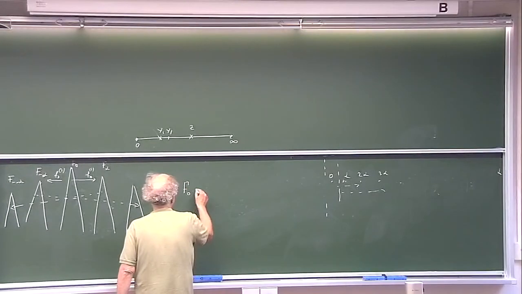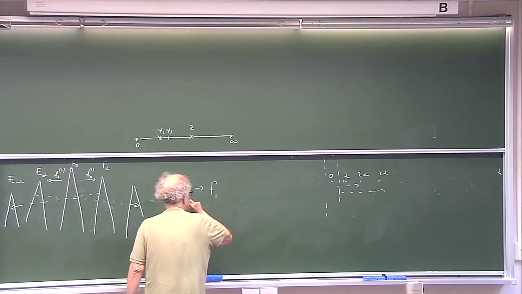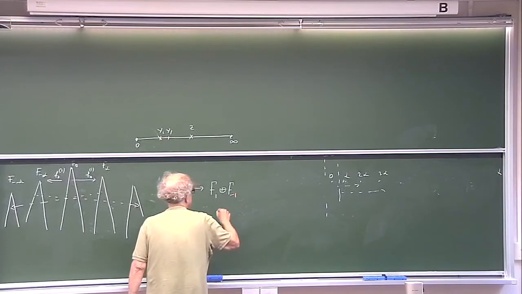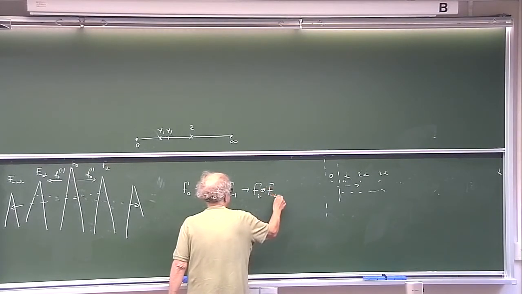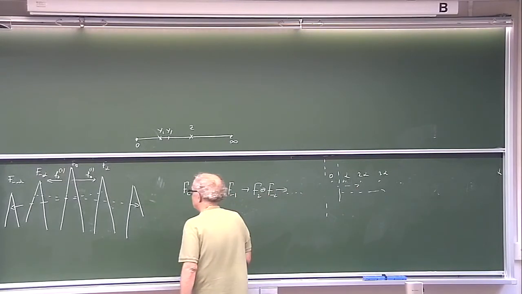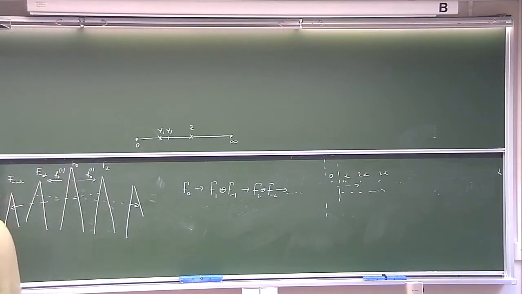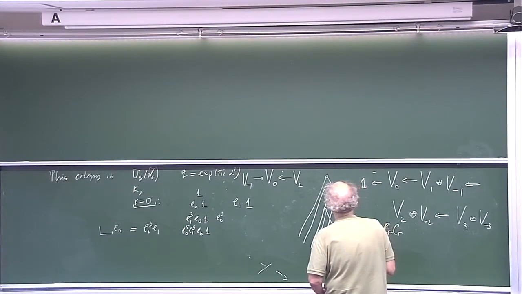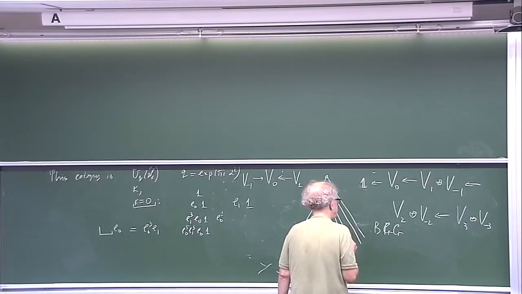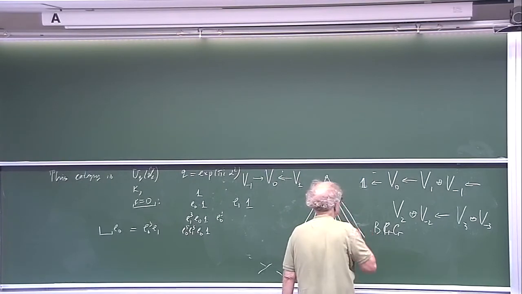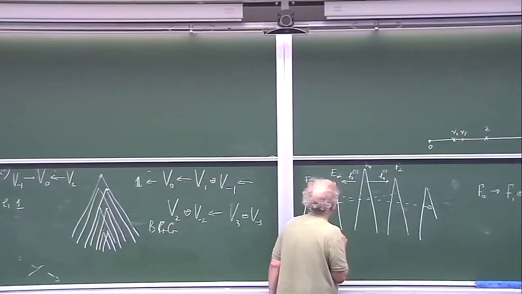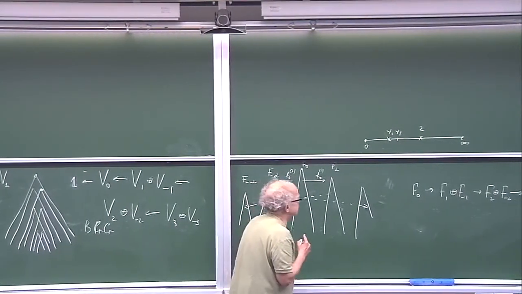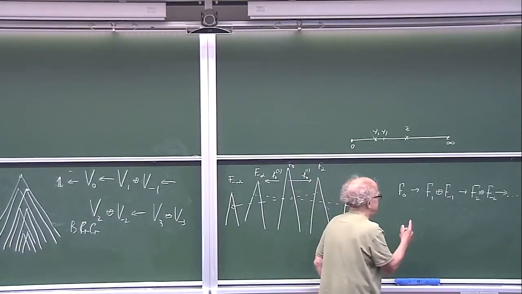It is F0, which goes to F1 plus F minus 1, then it goes on to F2 plus F minus 2, then it goes on like this, and their corresponding weights are... I think that, yes, it is a complex.